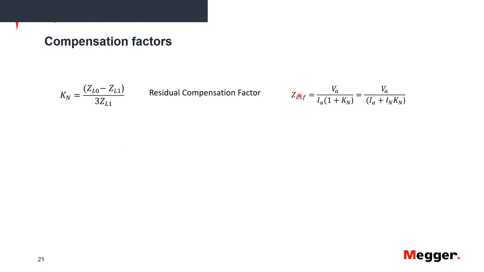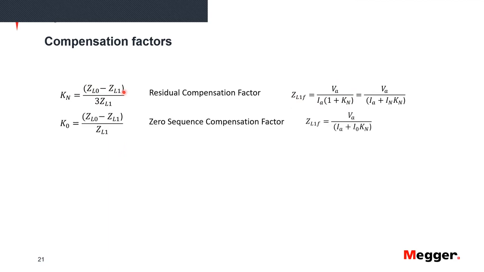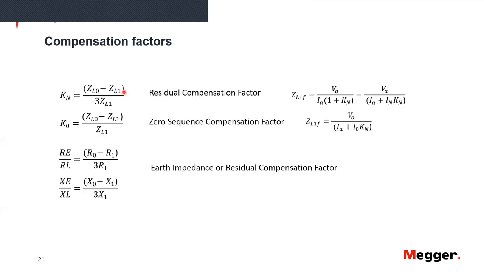Remember, this is the one that we are looking for, and we can calculate it by using this compensation factor, and this compensation factor is a function of the zero sequence and the positive sequence impedance of the line. There is another one called zero sequence compensation factor, and there are some others that are called earth impedance or residual compensation factor. They're all used, let's say, the same way.